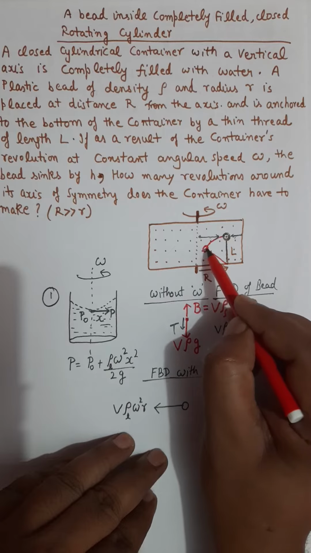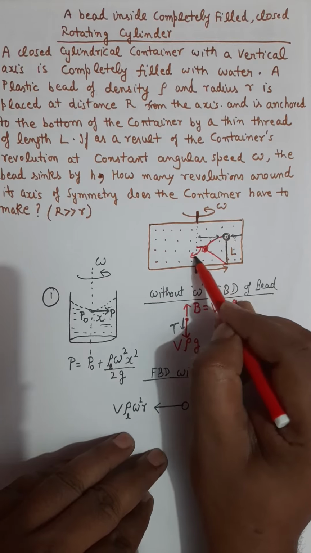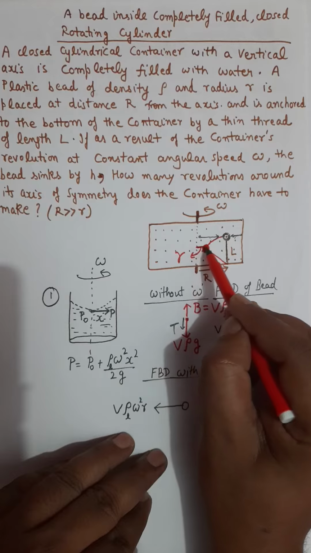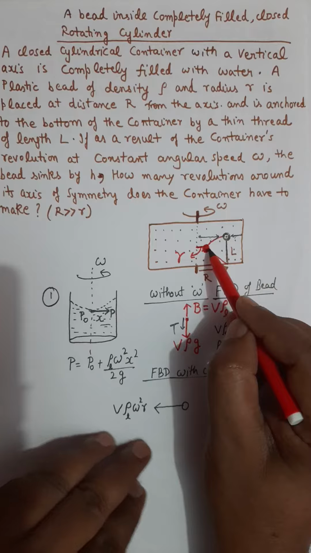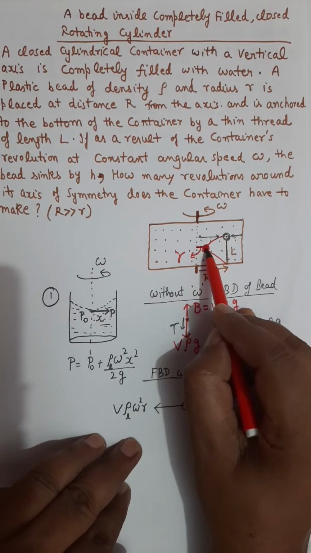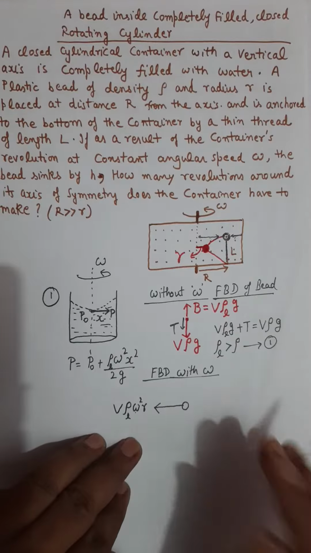And at this moment, if the bead is at a distance of small r from the axis, that small r will be used here, because the acceleration of liquid at this point will be omega square times small r.